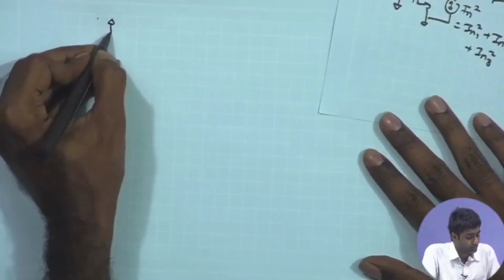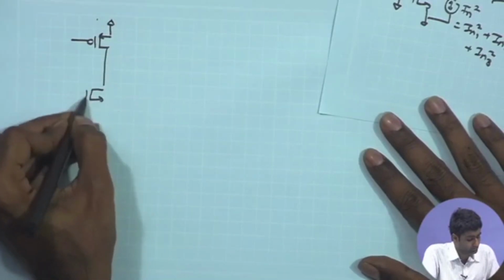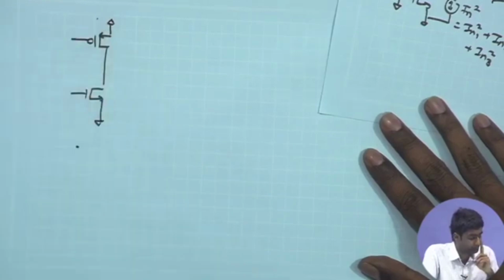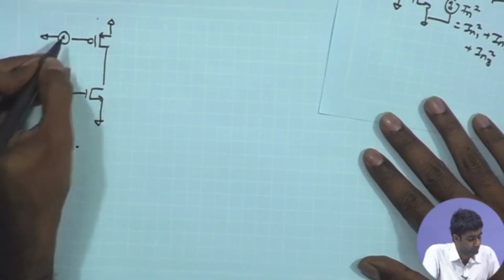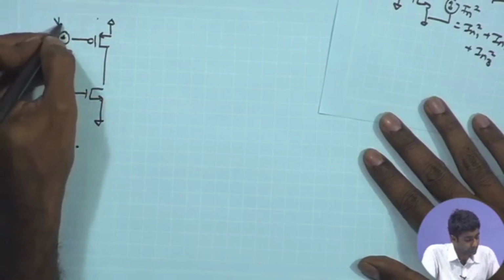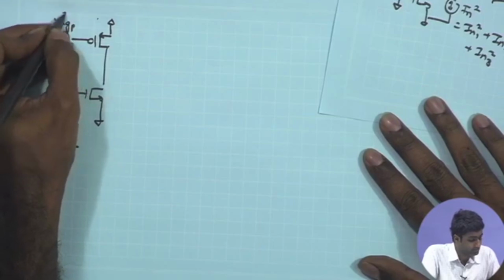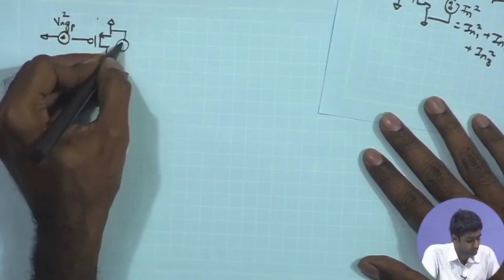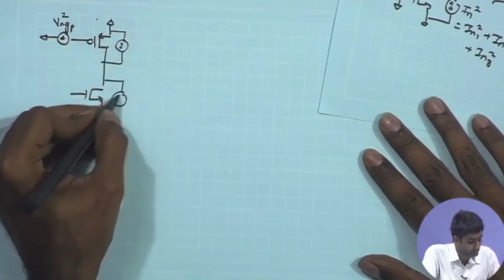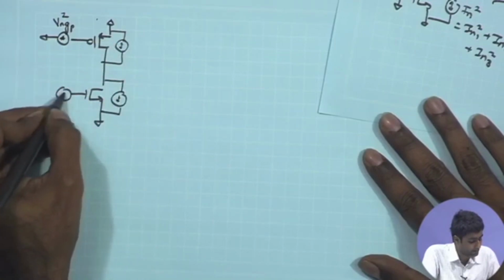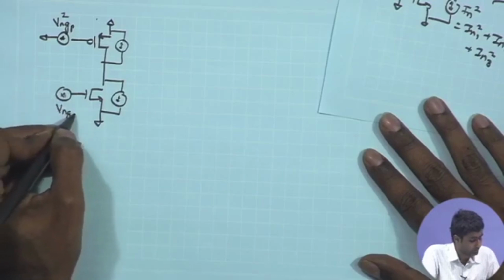For the active load, once again I can put a PMOS and an NMOS and then look at their combined noise voltage sources. So, once again I am going to have the Vng P square, and then you are having the channel current of the P MOSFET. Likewise, you have the channel current of the N MOSFET and the Vng N square.